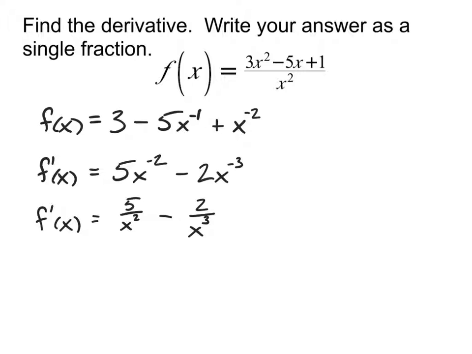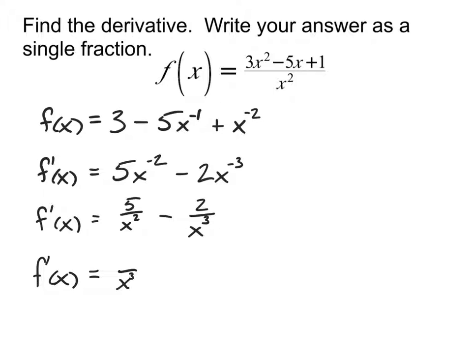Notice the x's move into the bottom, but the numbers don't, because the numbers don't have negative exponents on them. So they stay in the top there. All right, but then they're now both fractions, but I need to make it a single fraction, which means I would need like a common denominator in order to be able to actually add the fractions, or in this case, subtract them. So then I'd make them both into x cubed.